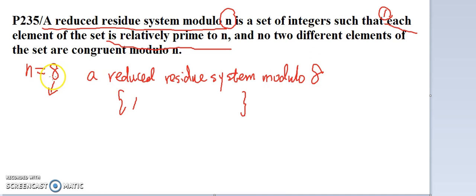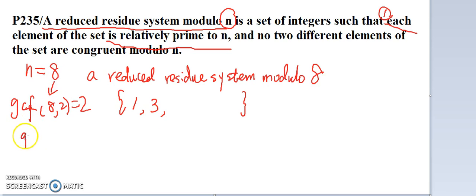But 2 is not relatively prime to 8 because the greatest common factor of 8 and 2 is 2. So they have a common factor. And 3, 3 is relatively prime to 8 because the greatest common factor is 1. And 4, the greatest common factor of 8 and 4 is 4. So we cannot take 4.